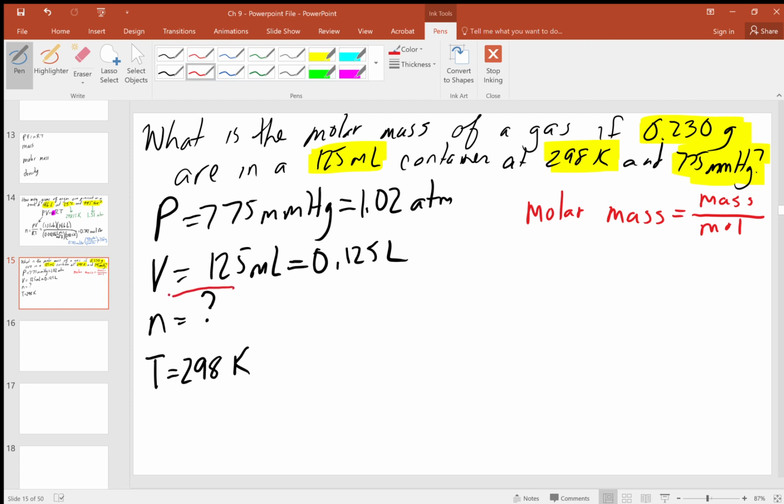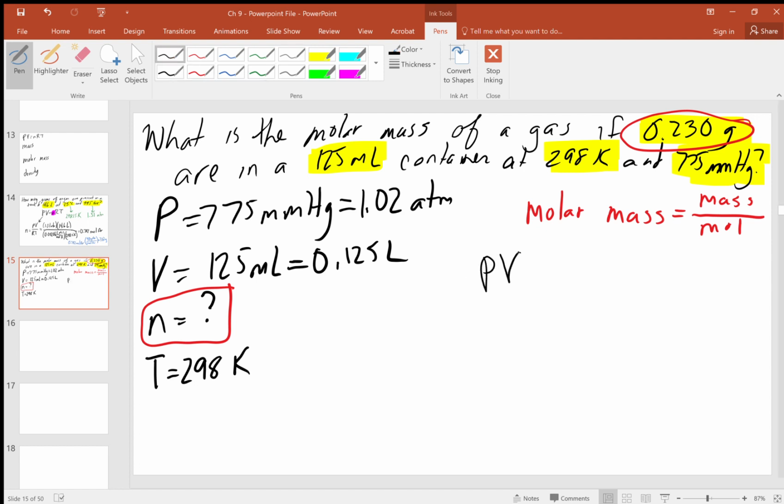So the one we don't know in this equation is our number of moles. We already know the mass. So if we can put those together, solve for moles, use the mass that we already have given to us, we can calculate the molar mass.